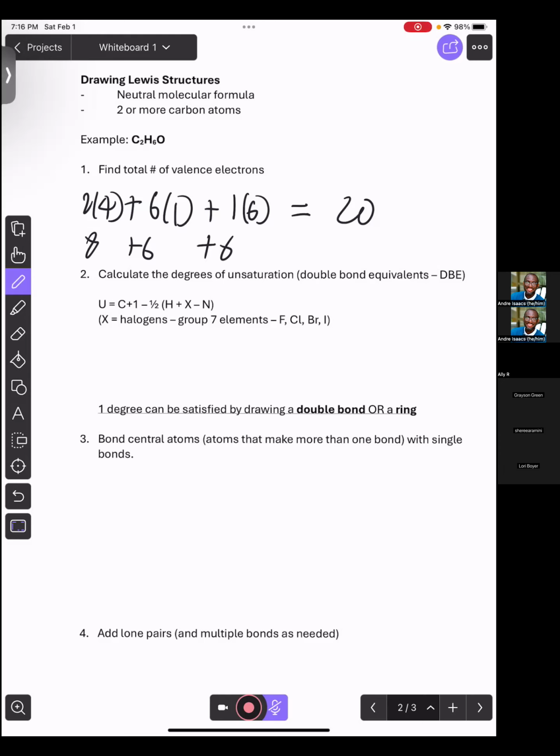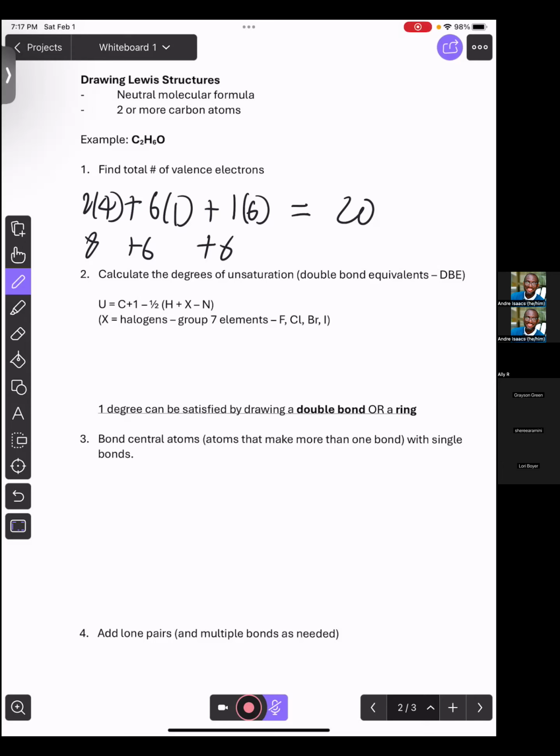So basically you're adding all the atoms that make one bond, hydrogen and halogens. And then you subtract any nitrogen atom that is present in your formula. What this means is that oxygen doesn't matter in the formula, okay? It's not very helpful in the formula. You don't need it. It doesn't factor in the formula.